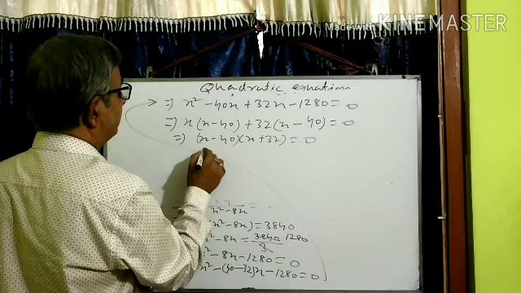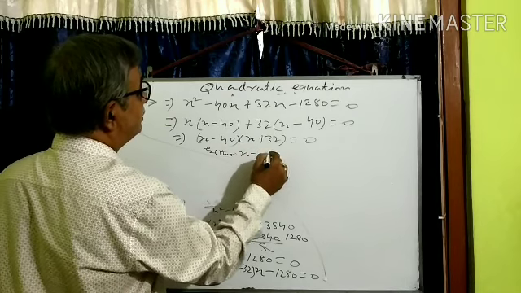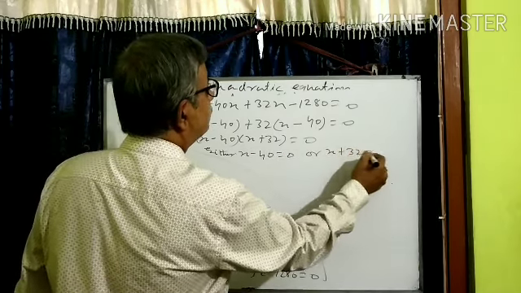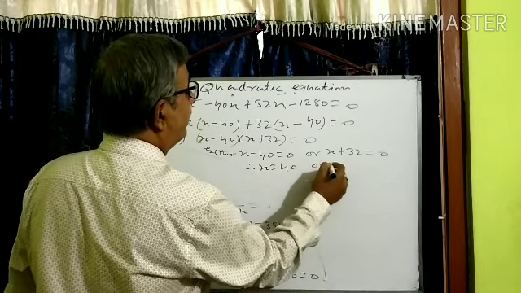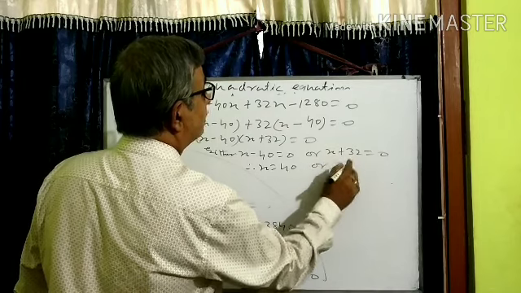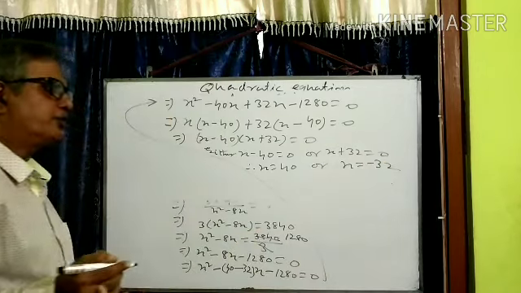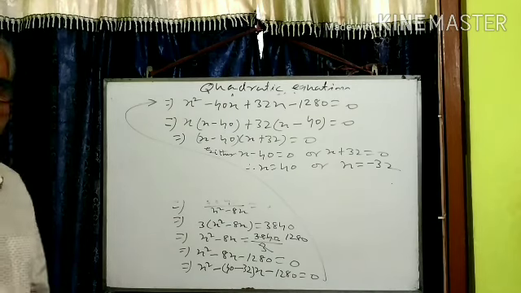Either x minus 40 is equal to 0 or x plus 32 is equal to 0. Therefore, x is equal to 40 or x is equal to minus 32. Dear friends, can the speed of a train be negative? I don't think so.